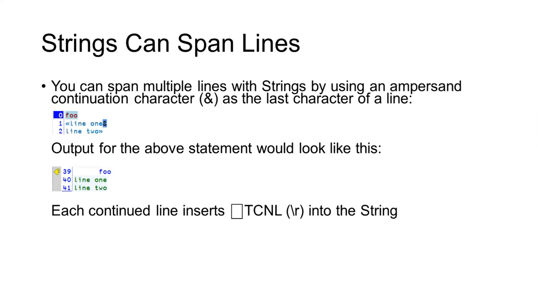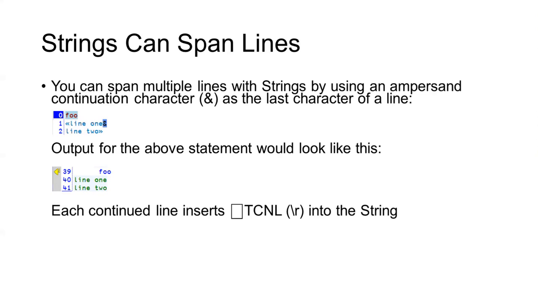A string, unlike a character array, can actually span across multiple lines. But to do that, we have a special symbol, an ampersand continuation character as the last character of the line. So if you look at the function foo at the top of the screen, you can see we start a string on line 1. We use an ampersand on the end of line 1 and then continue that on line 2.